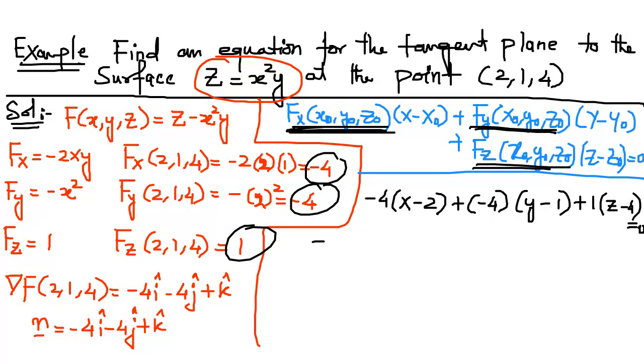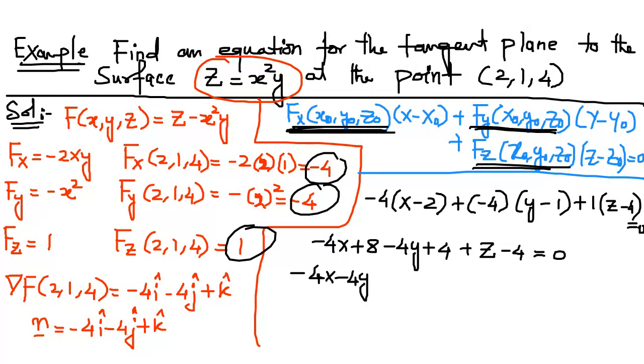Simplify it, you will get minus 4x plus 8 minus 4y plus 4 and plus z minus 4 is equal to 0. You can write minus 4x minus 4y plus z. This plus and minus 4 cancel, plus 8 is equal to 0.